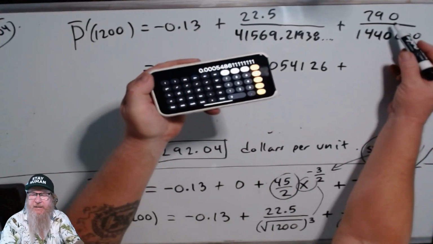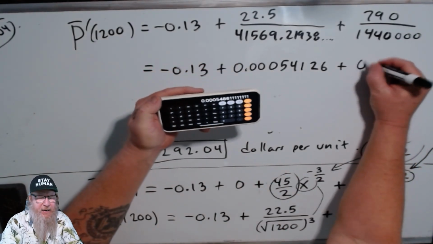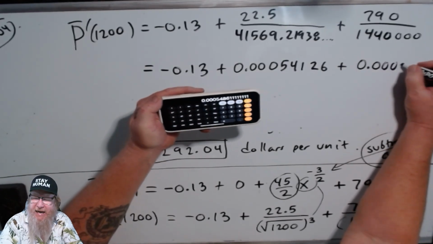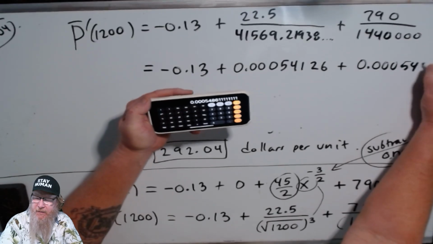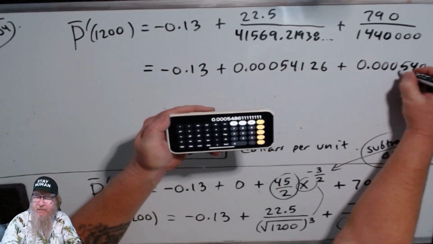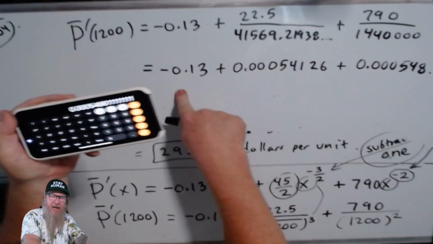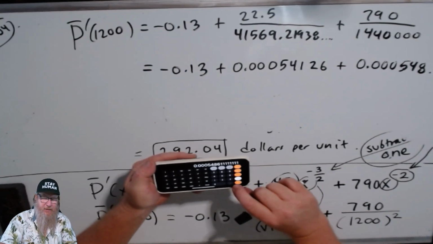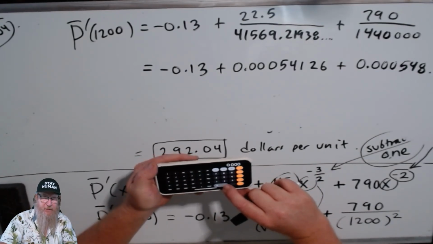All right, so I did 790 divided by 1,440,000. I get this tiny little decimal. At this point, I'm just keeping it on my screen, and then I'm going to add them all up. Keep track of the signs. So then plus 0.0005.